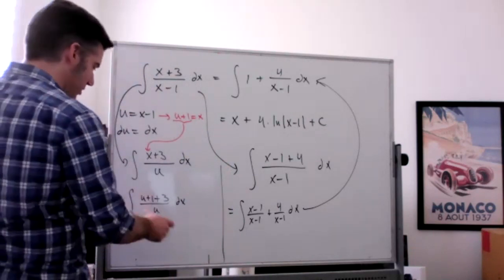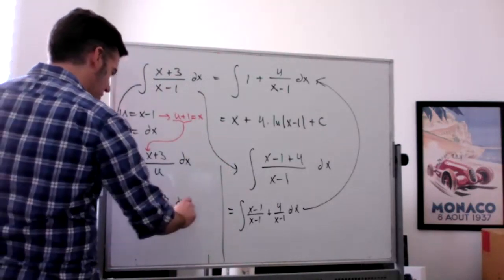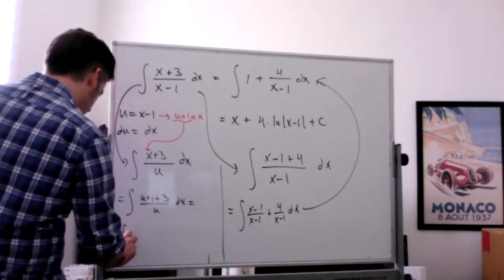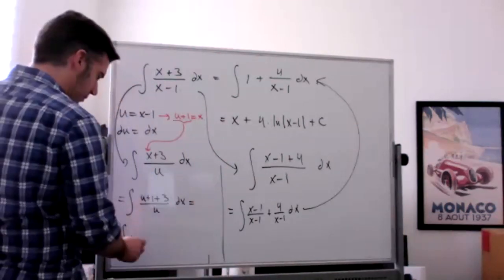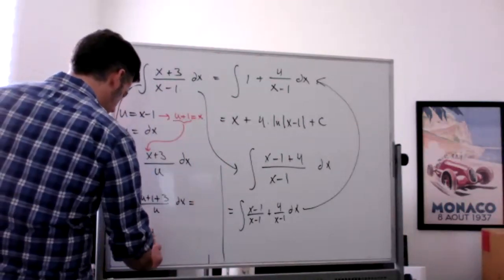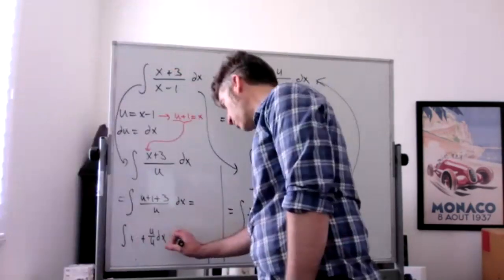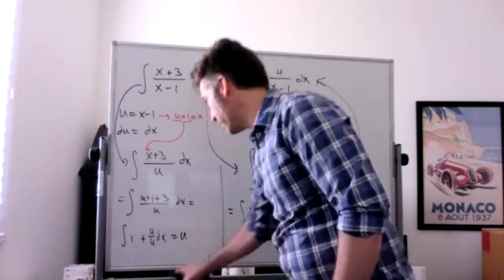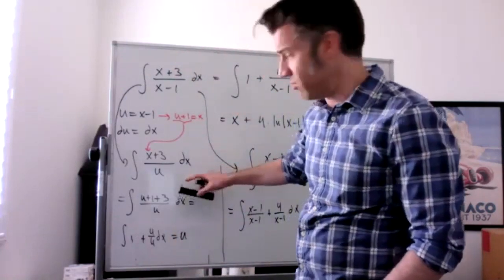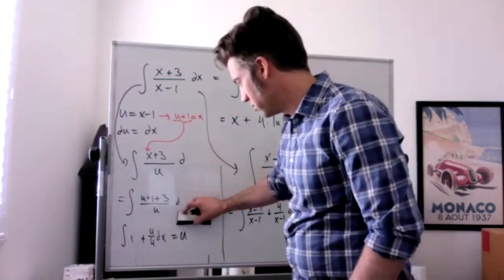In fact, really I should say u divided by u is just 1, and 4 divided by u is 4 over u. So now we integrate this. Oh, sorry, I'm still writing dx. I should be writing du. That's terrible. Apologies.